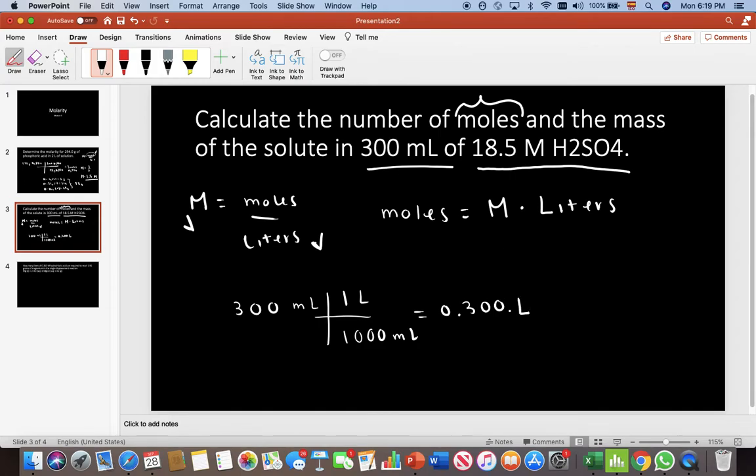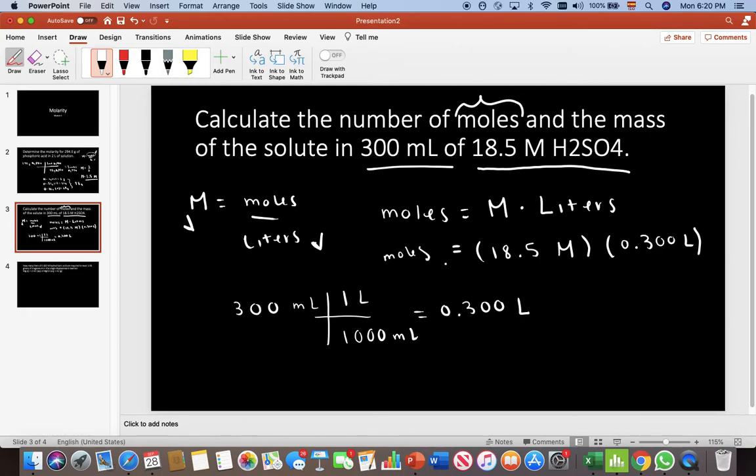So now you have your liters part of your equation. Now to find your moles, you would multiply your molarity, which is 18.5 molar, times your 0.300 liters, and that should give you the moles.